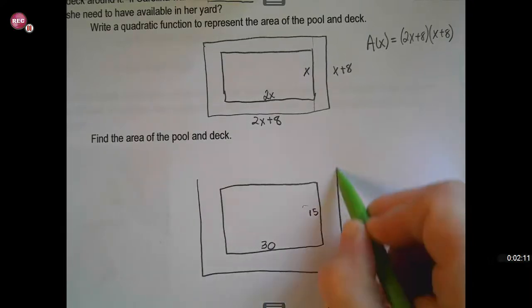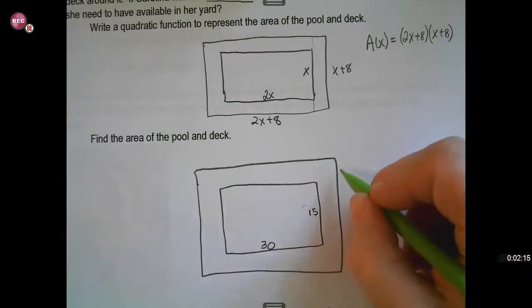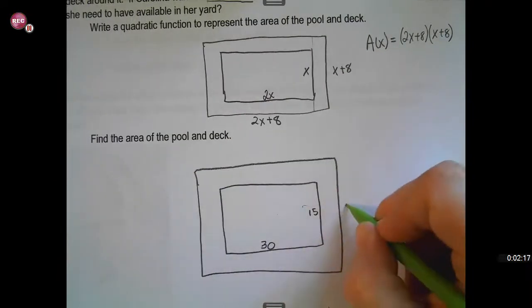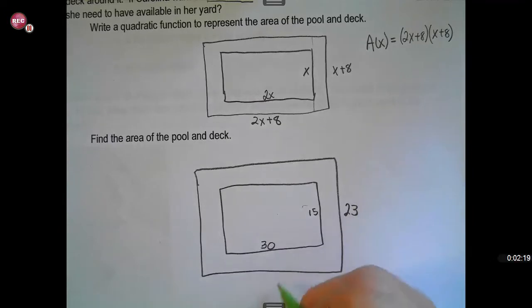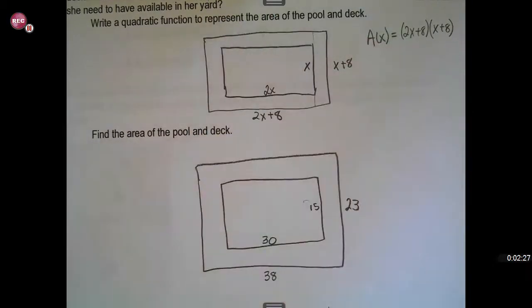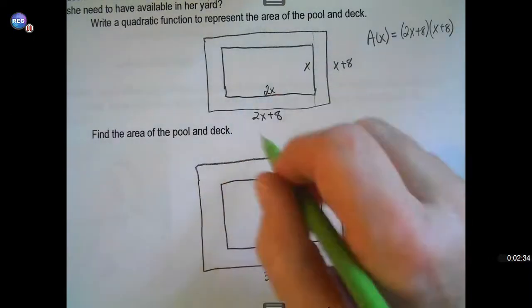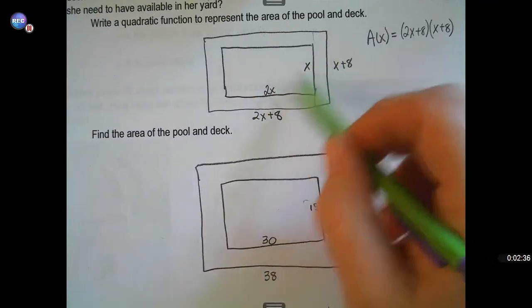Then this would be 15 plus 8, or 23, and the length down here would be 30 plus 8, or 38. That's where the 15 came into play from the original problem. This information was all given also, this and this, and the 4 feet.